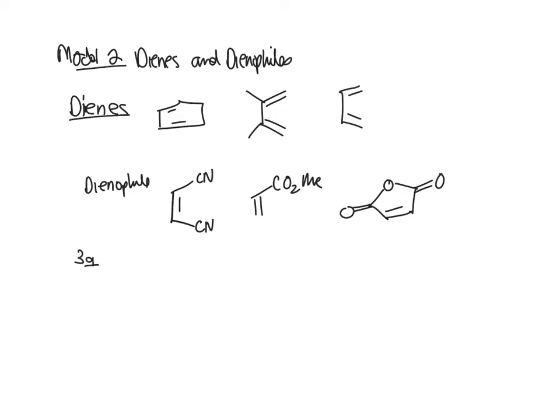Okay, so question 3a. What role does the diene play in the Diels-Alder reaction? The diene is your nucleophile. So that means it's going to be electron rich. Based on that role, the diene should be electron rich. 3c.